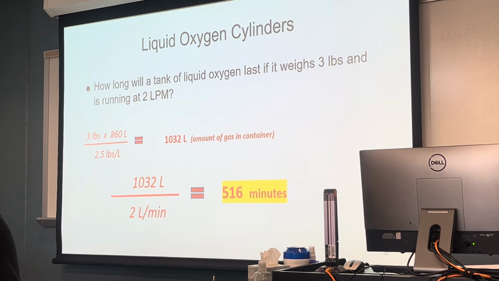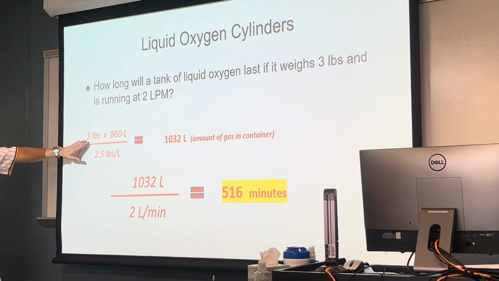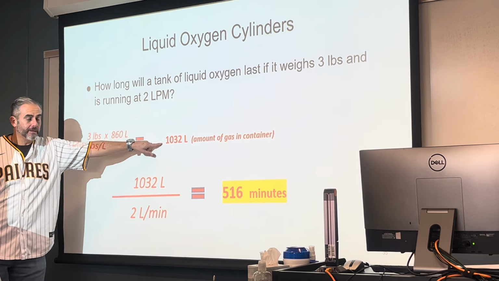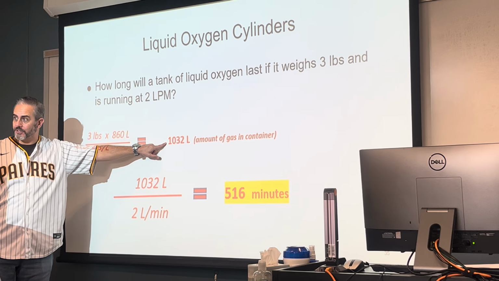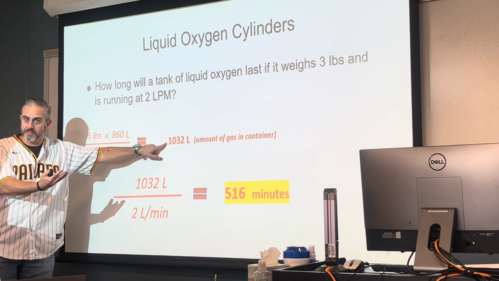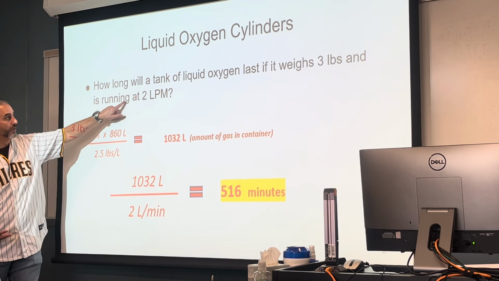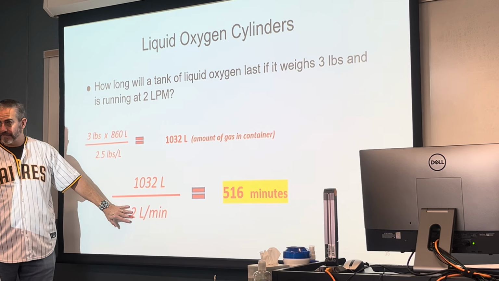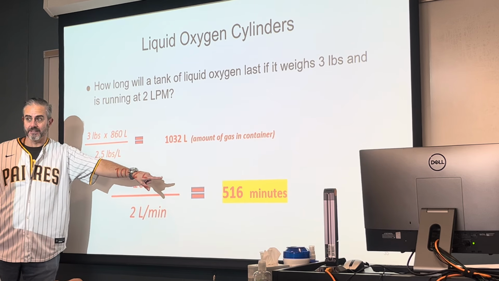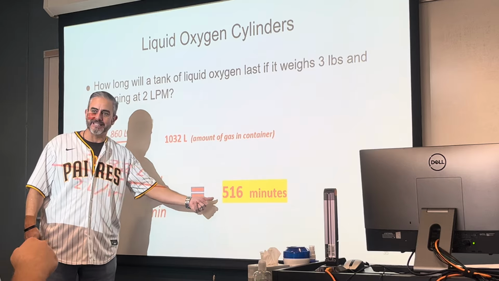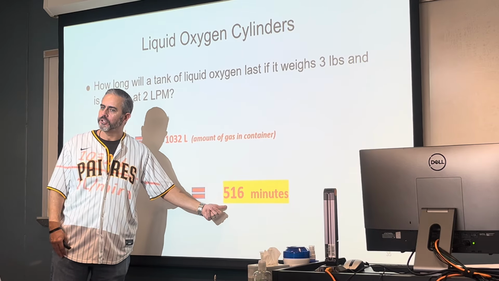You better tell them. All right, so our answer here, everybody okay where 516 came from? Again, shortcut version: the weight times 344 equals this. That's how many liters of gaseous oxygen is in this 3-pound liquid tank. Take that number and divide it by whatever the liter flow is. In this example, I just made it 2 liters, which means this is going to last a long time. If you wanted to know what this is in hours, what should you do?